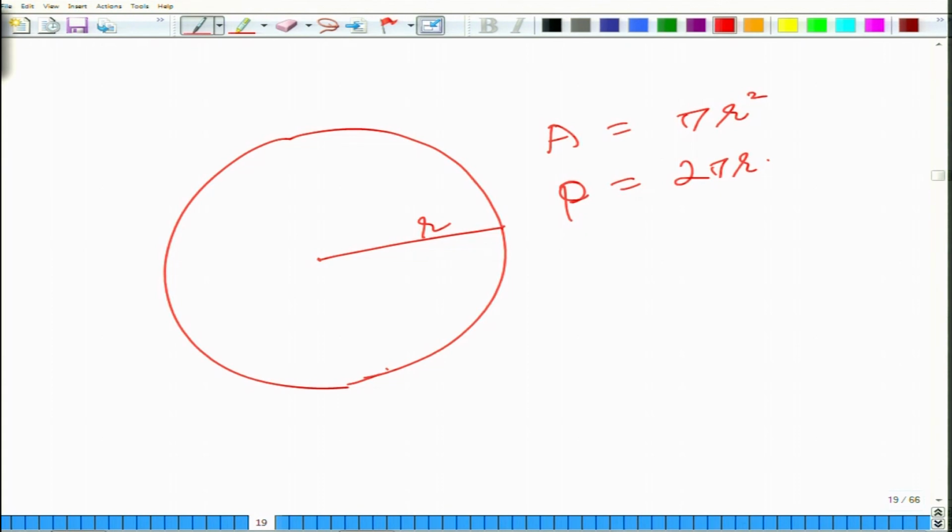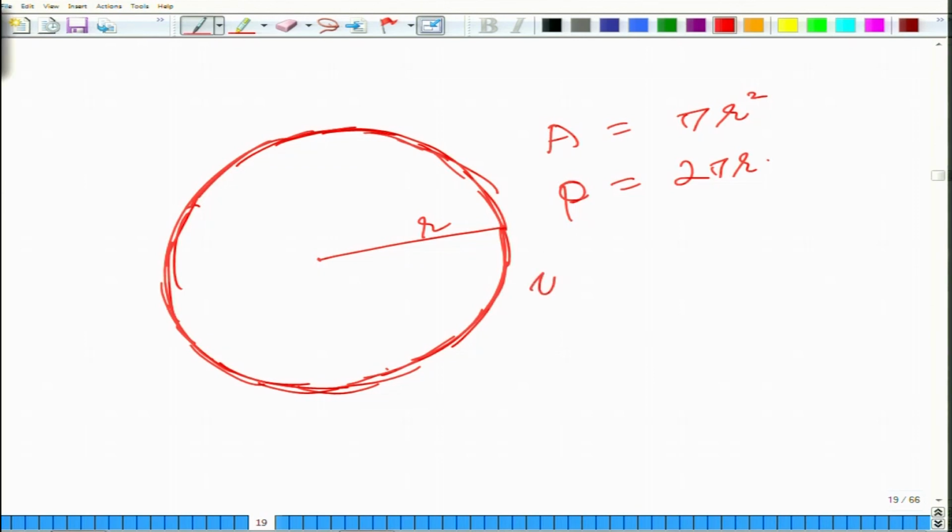Now, the most protection needs to be done on the circumference, because it is on this circumference that people will come and get into the reserve. So, if there is some person who wants to come into the reserve for poaching, he or she will have to cross this perimeter. So, all of this perimeter needs to be given a high degree of protection.